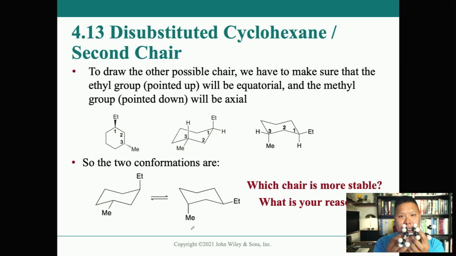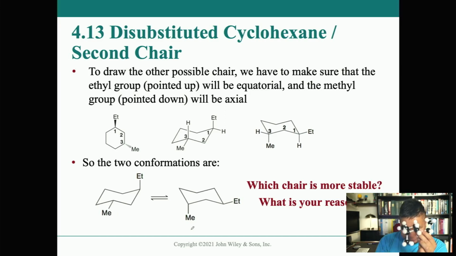Now the ethyl group is equatorial right here, right? And then we pop this guy up here, like so. There we go. And now the methyl group is axial. See? So those are the two conformations of a disubstituted cyclohexane, right?